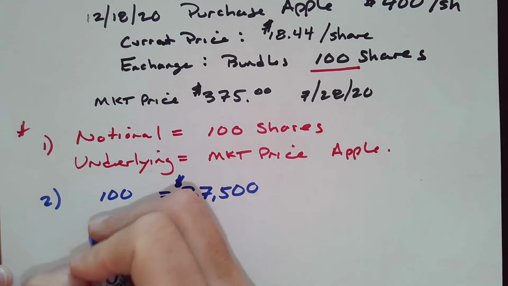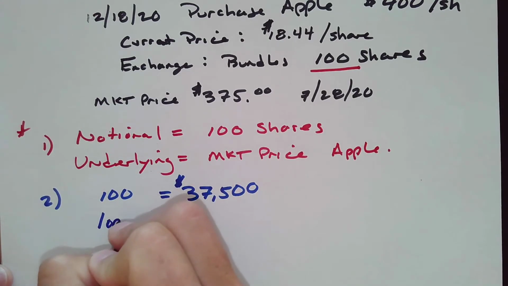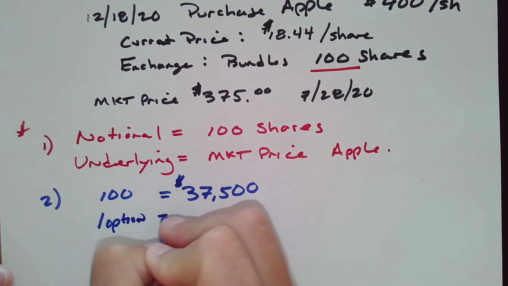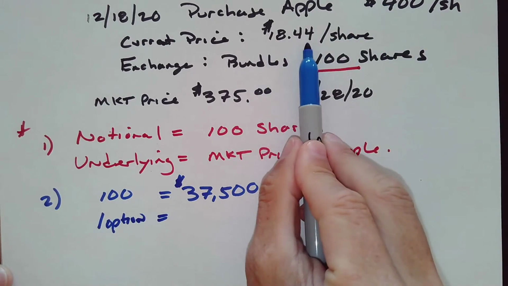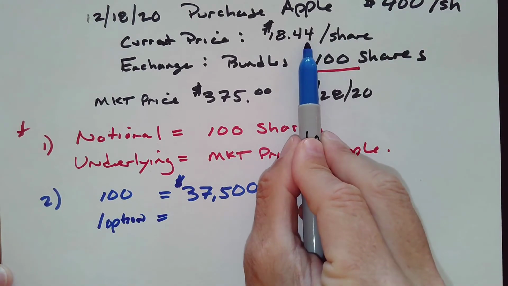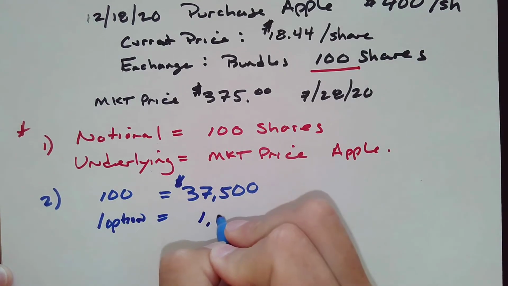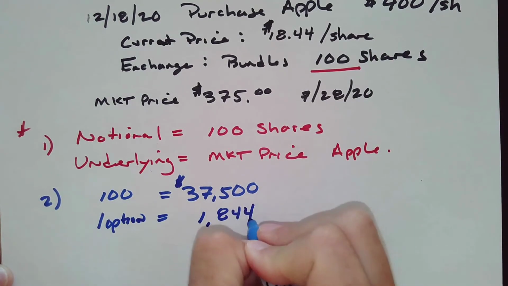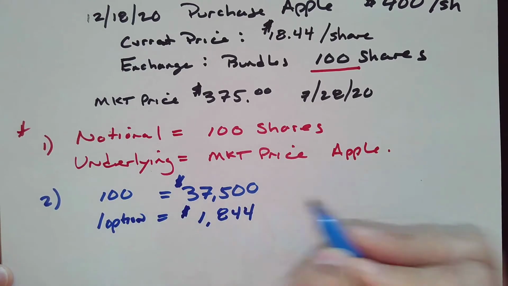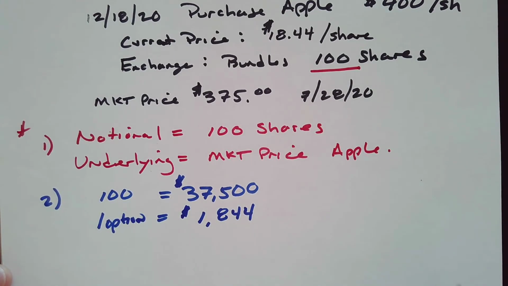How much is it costing me to buy this one option? Well, remember, this is $18.44 a share times 100 shares. So this is going to cost me $1,844 to buy this option.